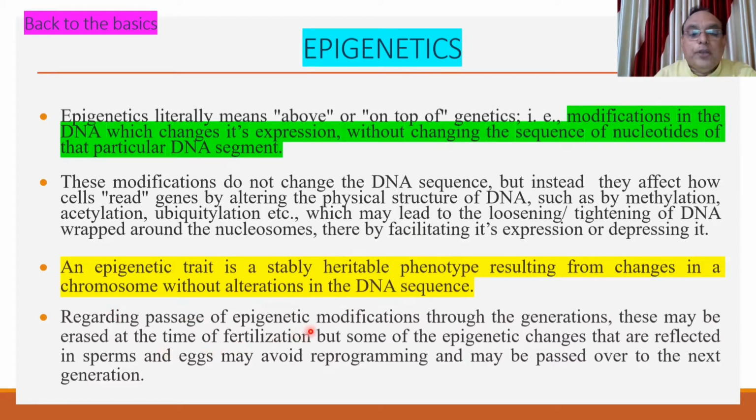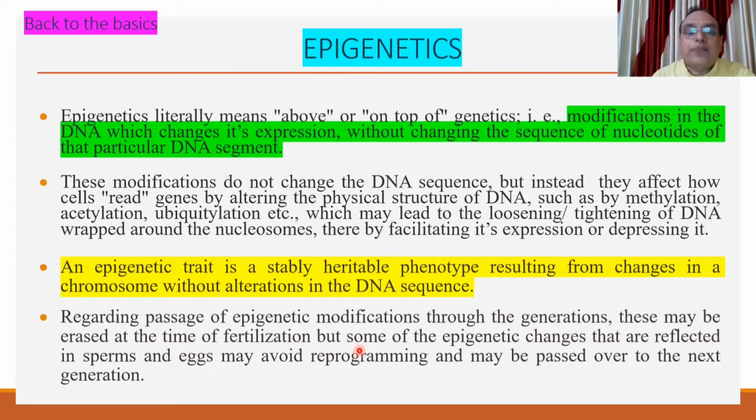Regarding the passage of epigenetic modification through generations, whether they are heritable or not, these may be erased at times of fertilization. Since you know that at the time of fertilization, that is gametic fusion of sperm and ovum, there is reshuffling of genes.